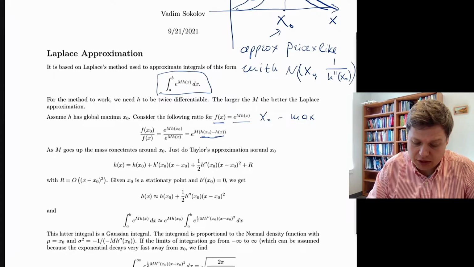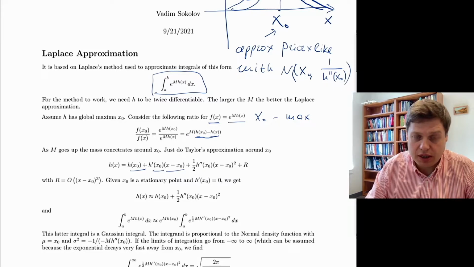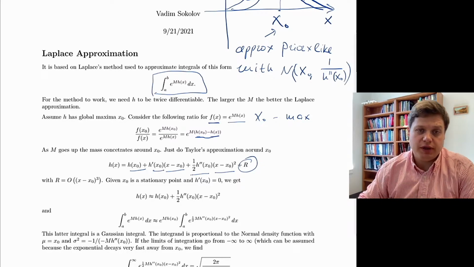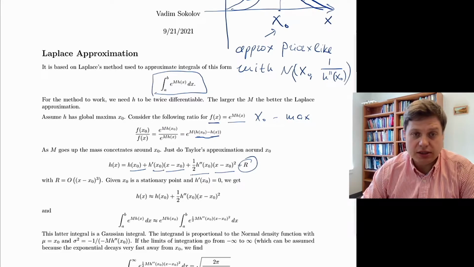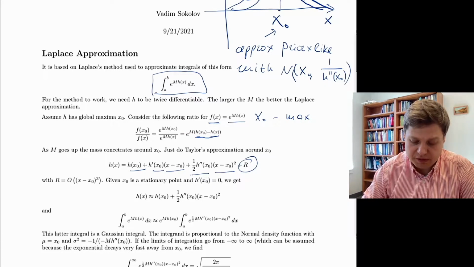So it's the value of the function at x0, plus the first derivative times the difference, plus 1/2 the second derivative times the difference squared. And then we have this term R, which is proportional to the cubic difference between x and x0. And since x0 is the maxima, it's a stationary point, the first derivative is 0.